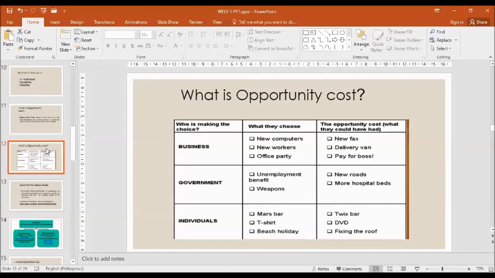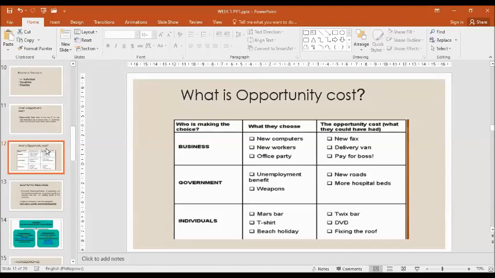So same with the government. The government chooses unemployment benefits and to purchase weapons from other countries. So the opportunity cost that they give up is building new roads, or having more hospital beds for the public hospitals.